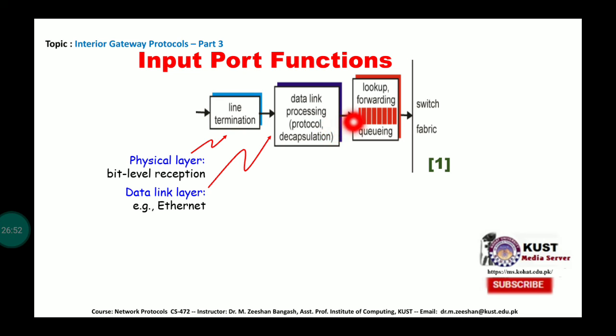Then that is forwarded to the third part of the input interface, known as decentralized switching, which is used for lookup or forwarding, and a queue is generated based on the priority of the input that has been received, and then the queue is forwarded to the switching fabric.